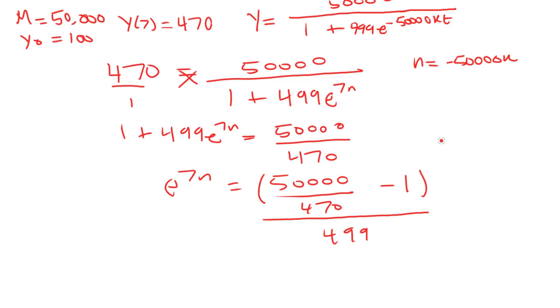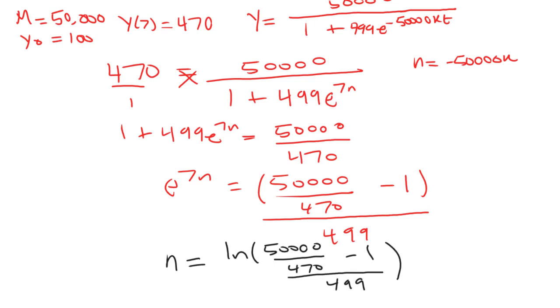You need to take the natural log of it. So once you take the natural log on both sides, the solution is n equals the natural log of 50,000 divided by 470 minus 1, all of this divided by 499, and then from there all of this has to be divided by 7. Keep in mind that ln of e to the 7n is just 7n.